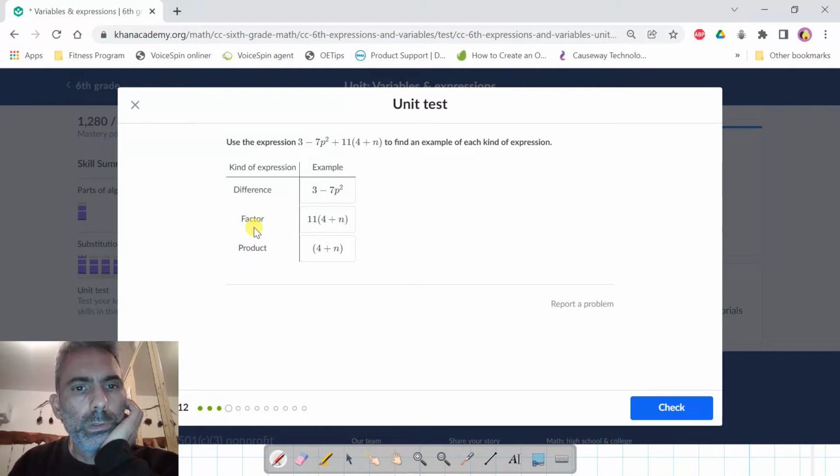Factor: this part here is a factor in this expression, and 11 times 4 plus n is a product because we have implicit multiplication between the 11 and the parentheses. And this is a factor in this product. And this is the difference because we subtract 7p squared from 3.